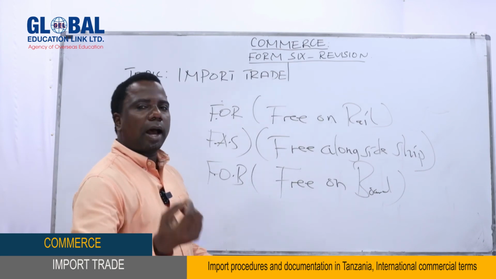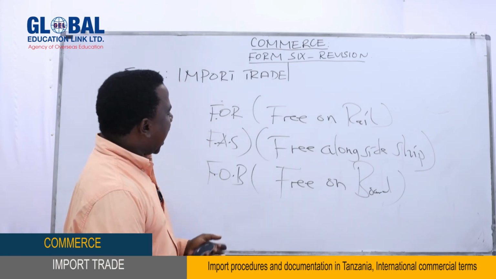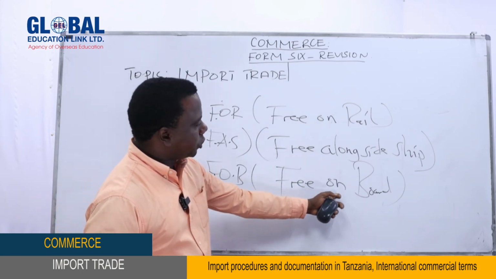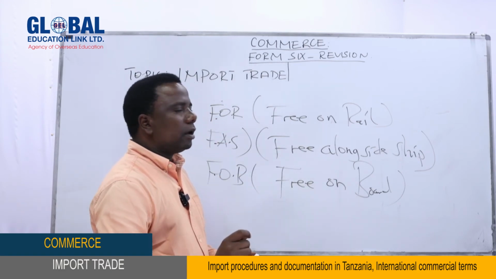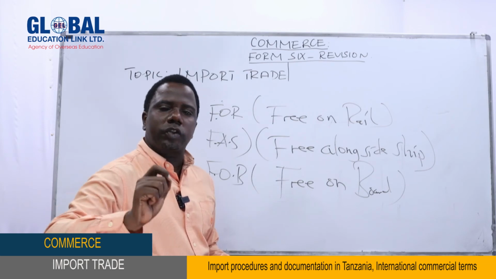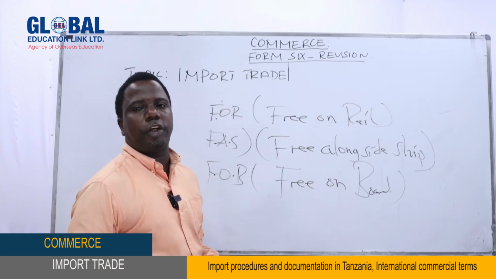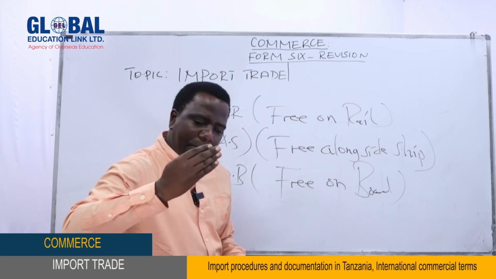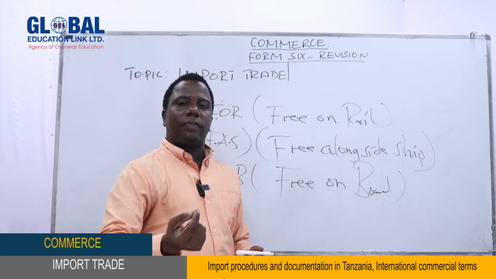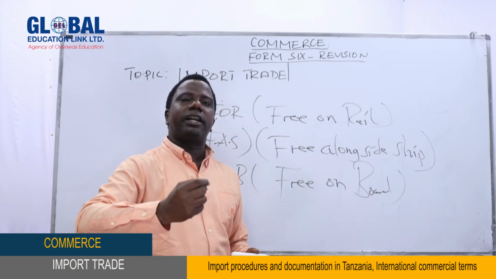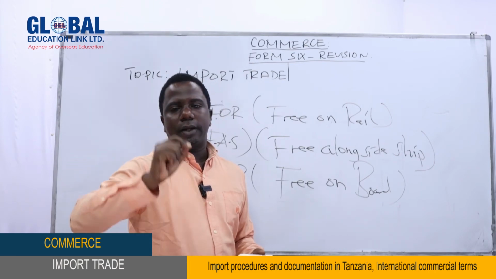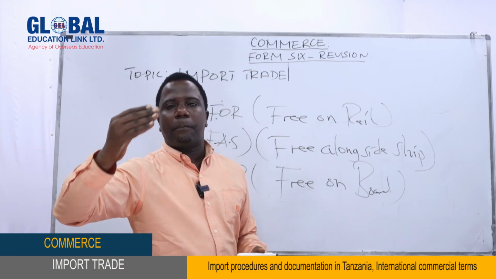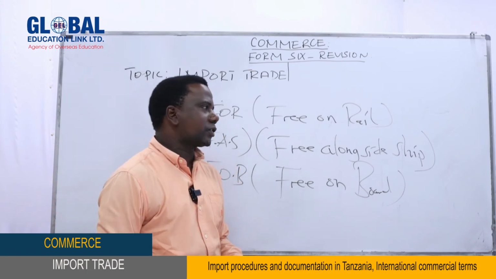It means an exporter has to handle everything from taking the goods from the factory to the point where goods are loaded in the ship, and then an importer will start there. The costs are covered by an exporter until the goods have been loaded in the ship. From there, an importer will start to incur other costs.